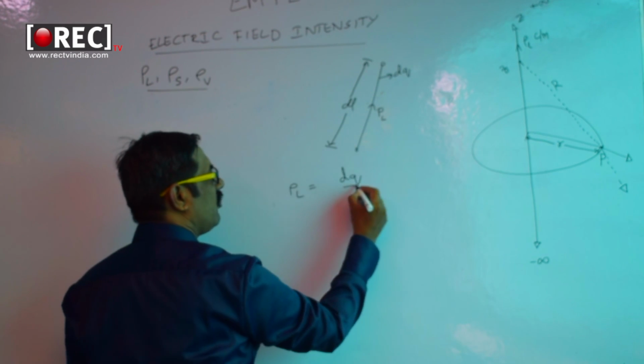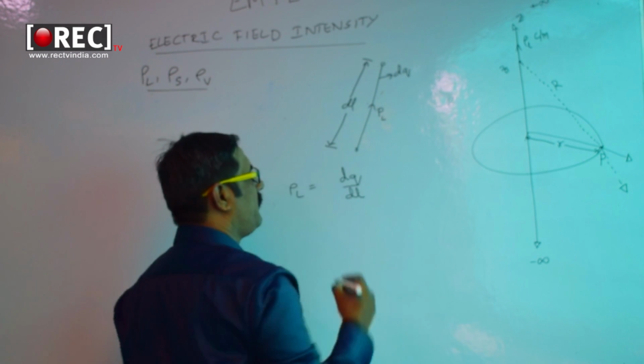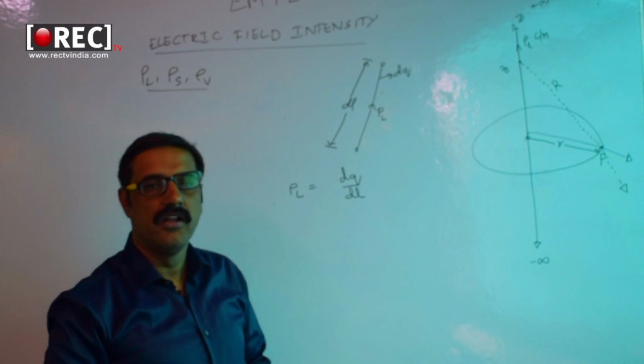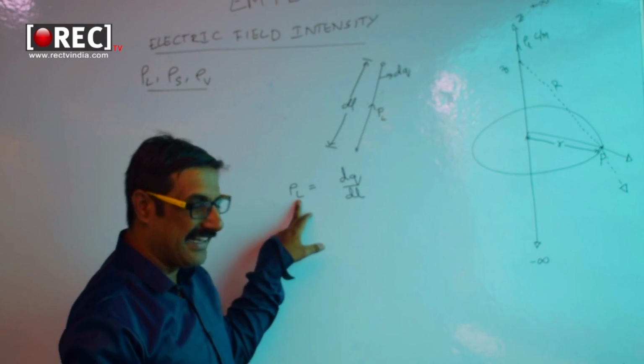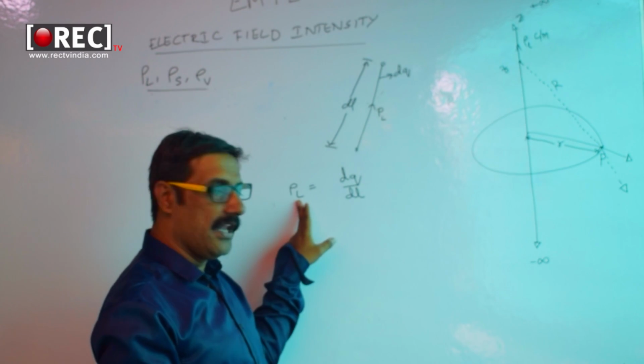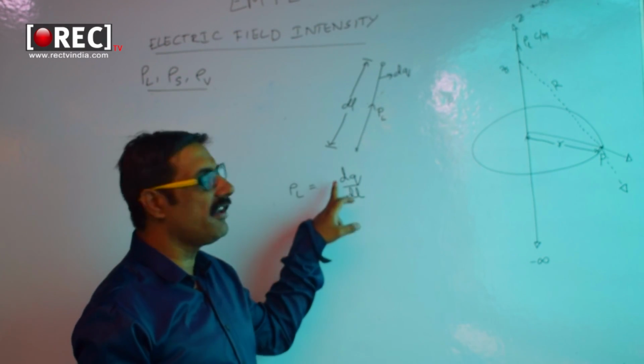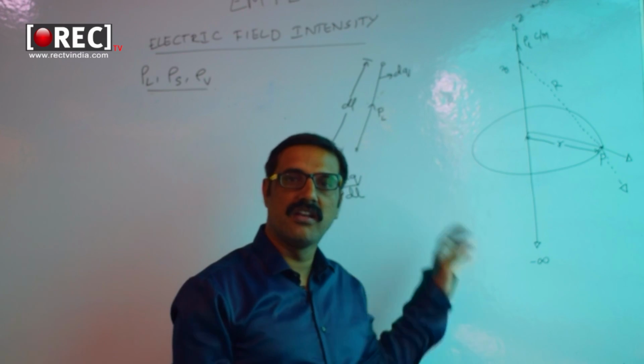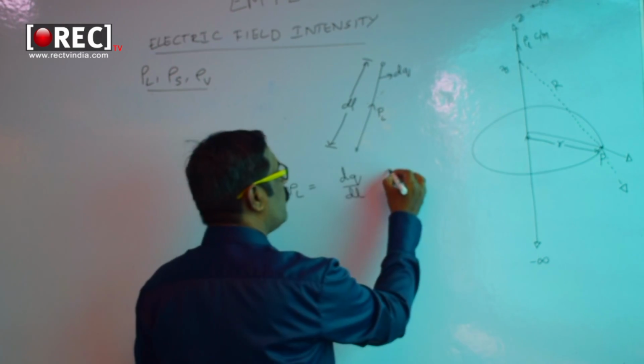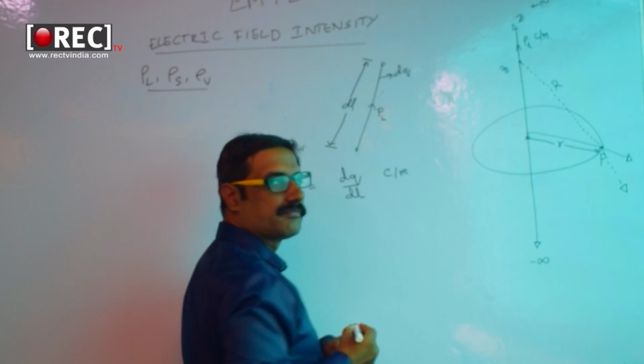So dq by dl is the definition of rho L. The linear charge density rho L is defined as charge per unit length of the distribution, and it is measured in coulombs per meter.